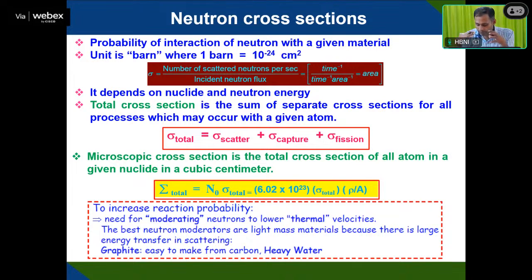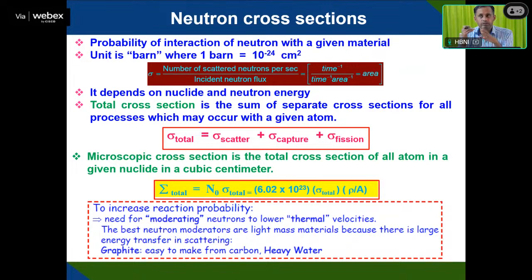So the probability of nuclear interaction, as I discussed, is quite low, because the nucleus is very tiny compared to the whole atom. So the probability of interaction of a neutron with a given material is expressed in terms of the neutron cross section.